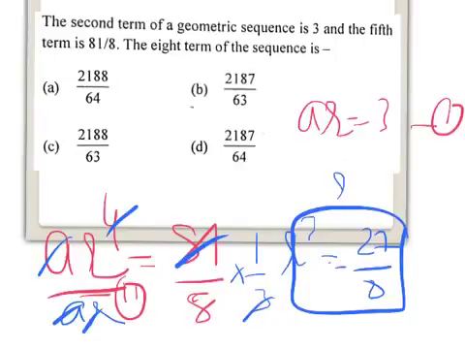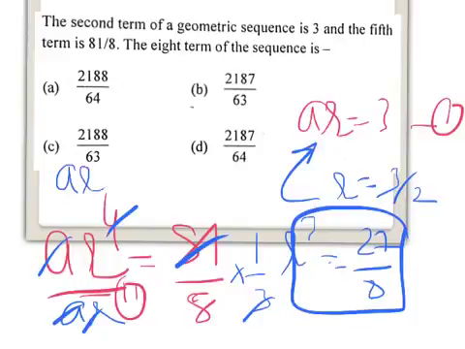So r कितना आ गया? 3 by 2. If I put the value of r here, I'll get a. A आ गया, r आ गया. I want the 8th term. 8th is a into r to the power 7. A first term कितना आएगा? If I put 3 by 2 here, a आ गया 2.